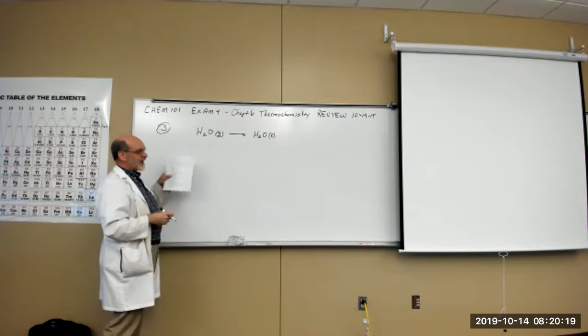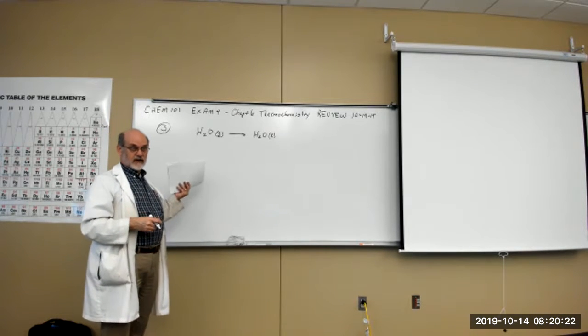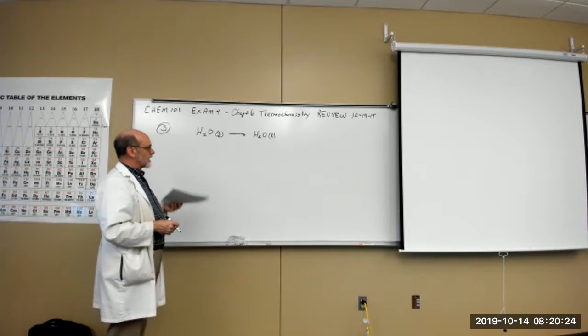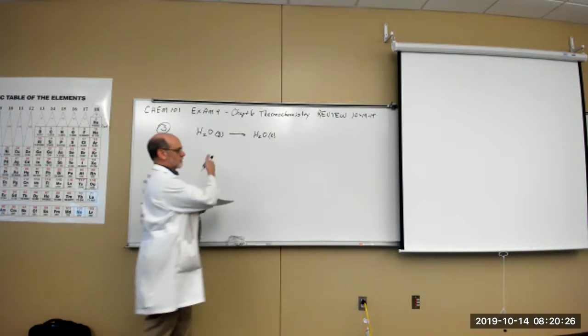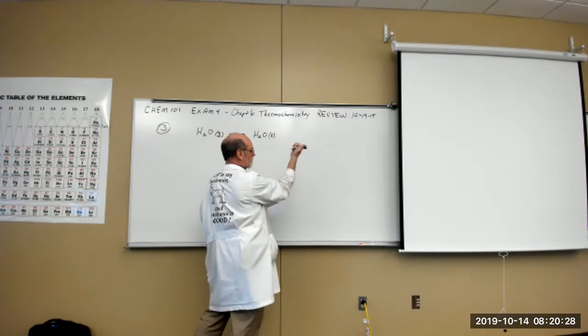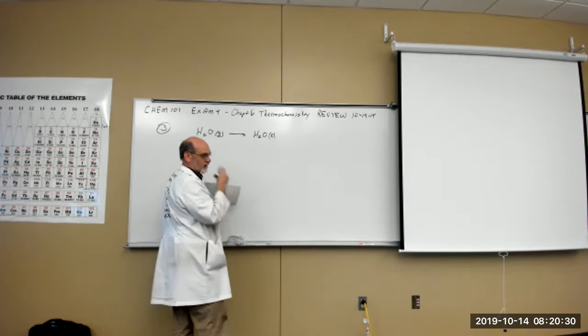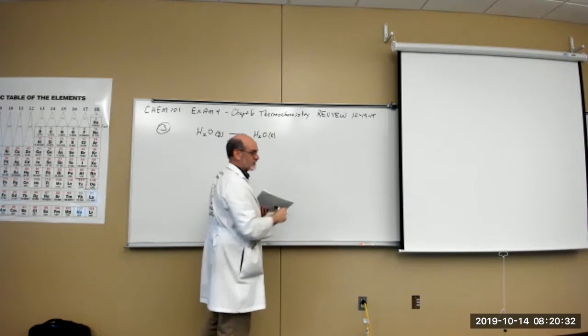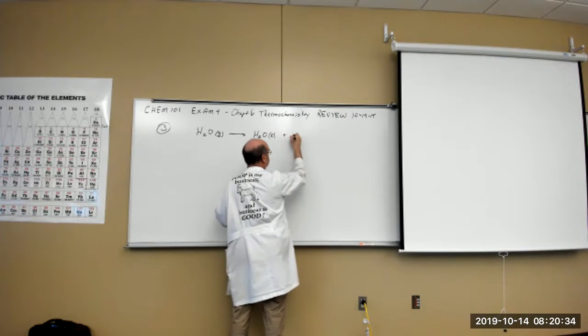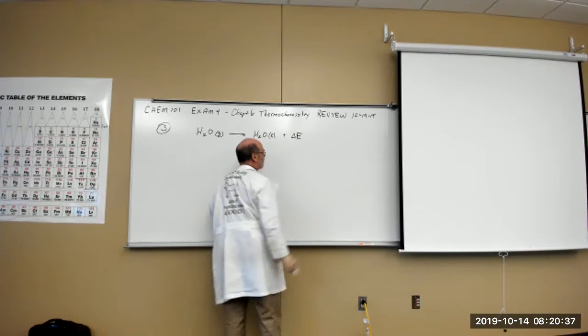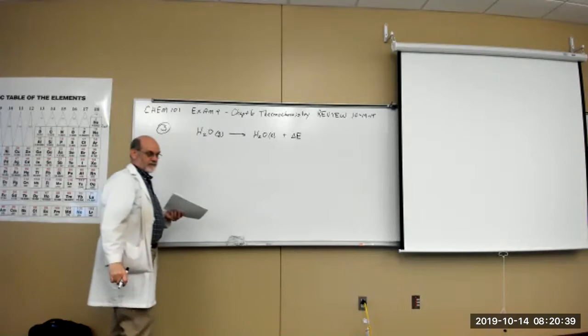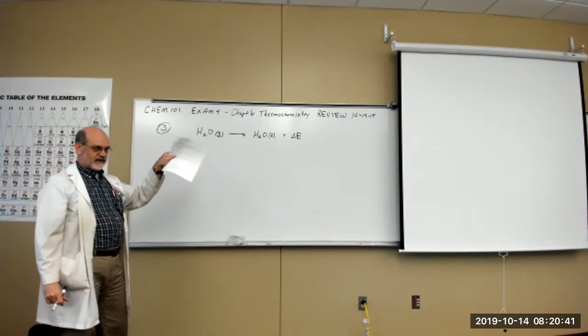And they're telling us it's exothermic, right? So where's the energy go? It goes back to the beginning. Exothermic. It's giving up energy. Right? Exothermic is always on the right-hand side.